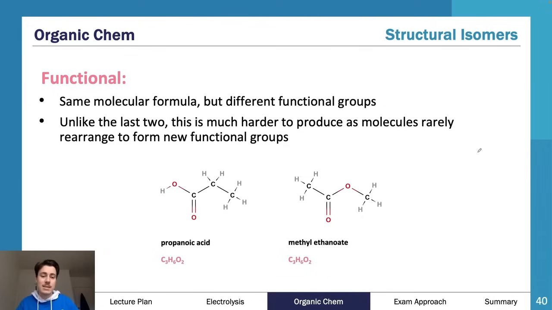We're just saying here that these two things have the exact same things involved. They're just functionally completely different molecules. And that's really important to understand. These are just completely different despite the fact they've got the exact same stuff involved. So super important to understand. Propanoic acid, methyl ethanoate. So unlike the last two, this is much harder to produce as molecules rarely rearrange to form new functional groups. It's not really achievable to do this.